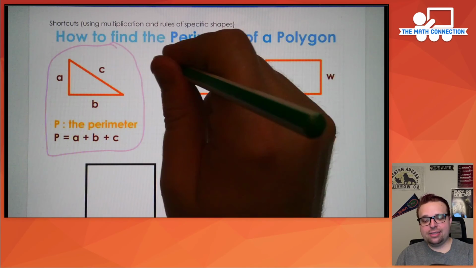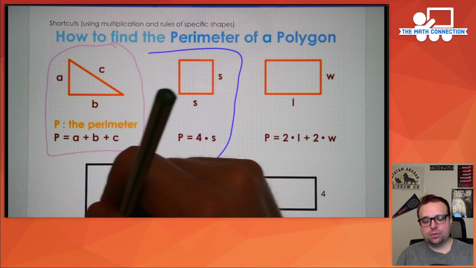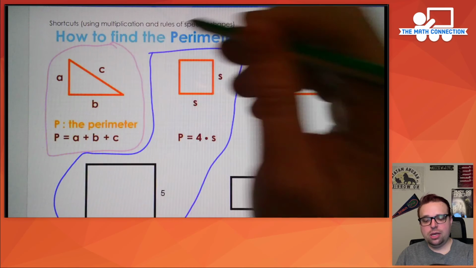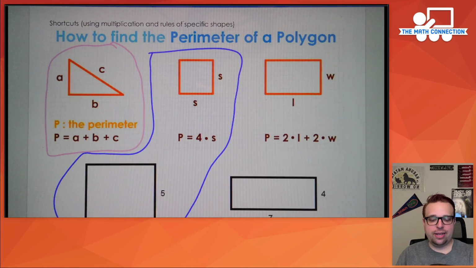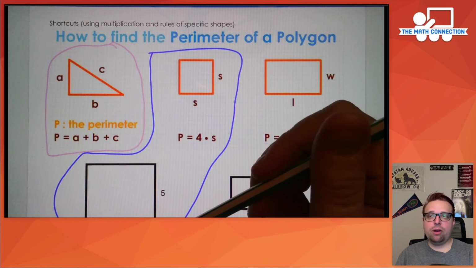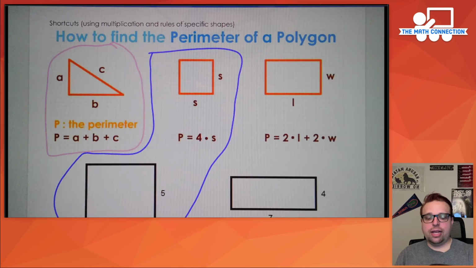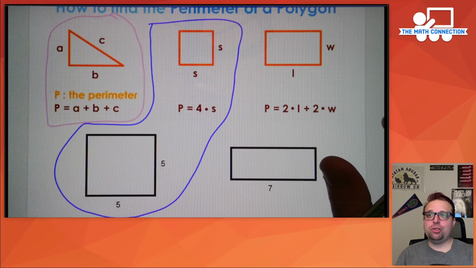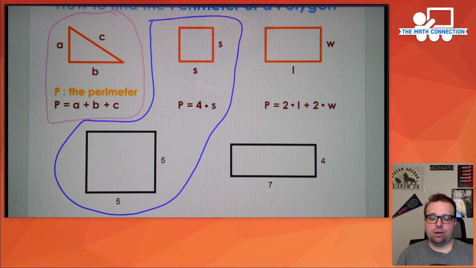We're going to use that example right here in blue, and then we'll do the rectangle in just a minute. So I know this is a square because normally a really good geometry problem will tell you that they're all the same, they're all congruent, and that means that they have the same measurement.